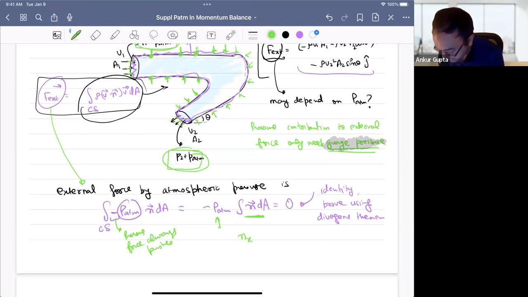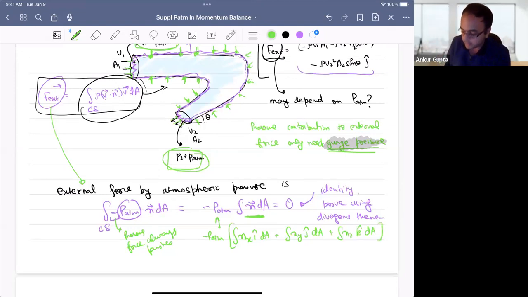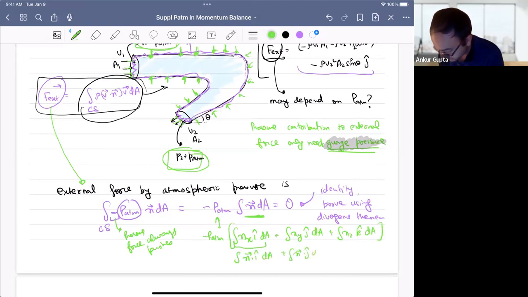Because you can write it as n_x i hat dA plus n_y j hat dA plus n_z k hat dA, and I'm just showing a quick derivation for this: n dot i hat dA plus n dot j hat dA. Sorry, let me take out i hat from here.